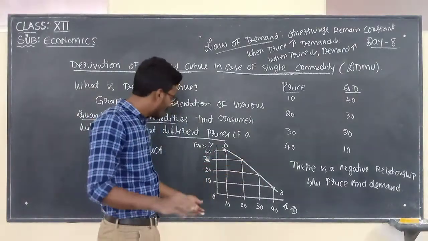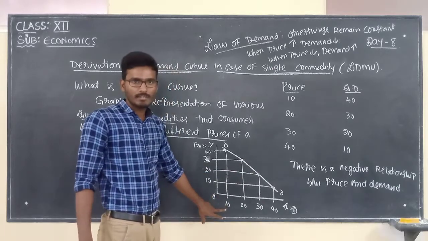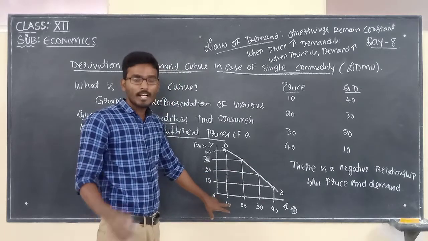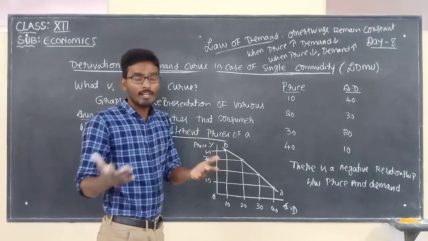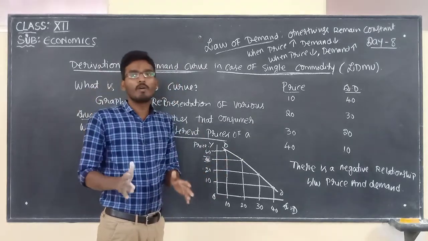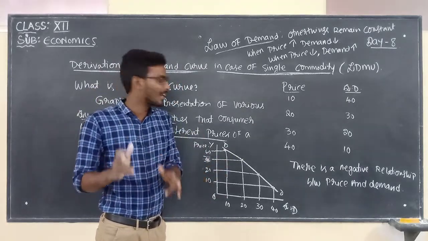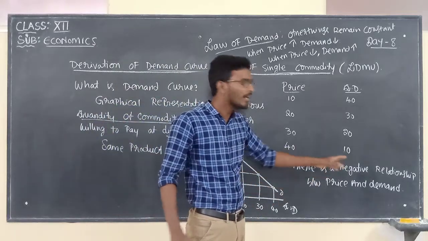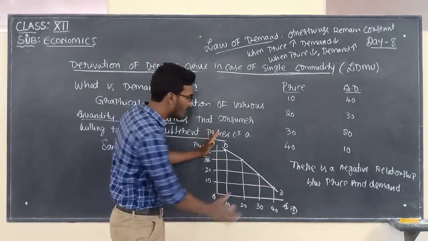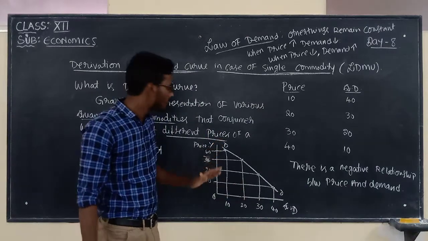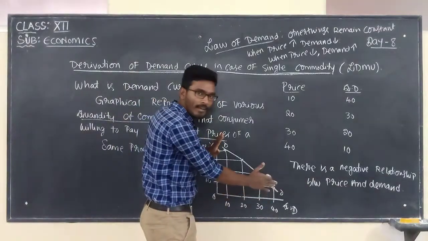You can observe, whenever the price decreases, when the price is less, the consumer wants to buy more. When the price is more, the consumer wants to buy less. So due to that reason only, the demand curve is negatively sloped, downward sloping from left to right.